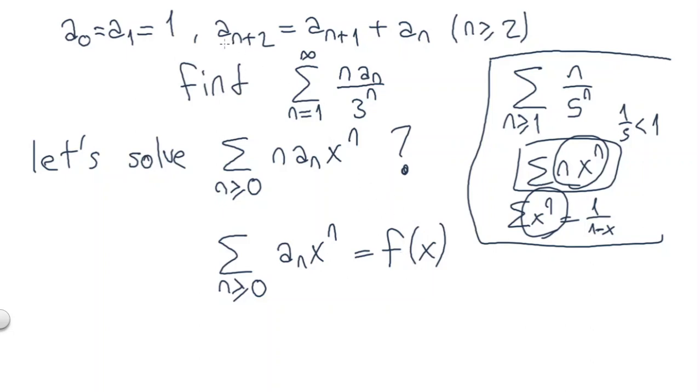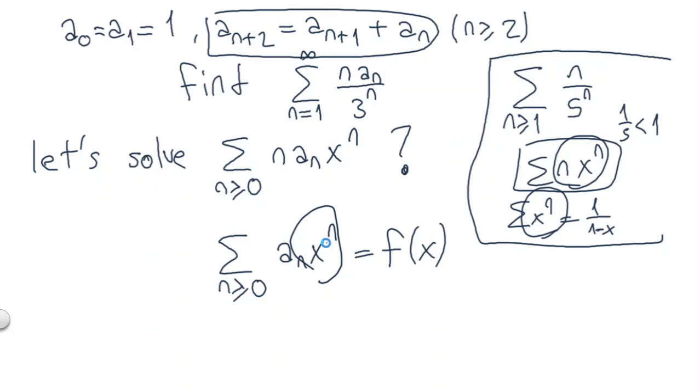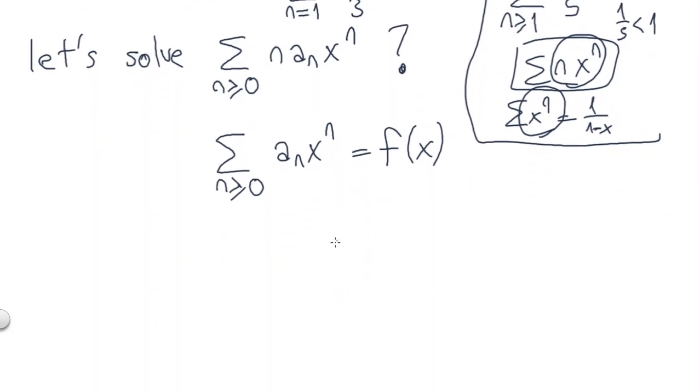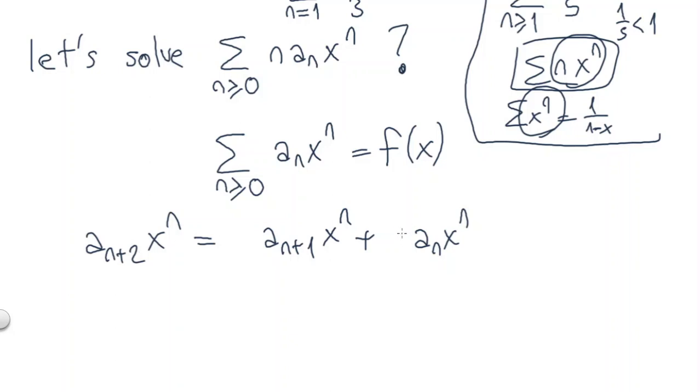So I have this recurrence, and I'm going to multiply all sides by x to the n, because I need an x to the n. So I have a_(n+2) x to the n equals a_(n+1) x to the n plus a_n x to the n. I'm leaving some gaps because I will do another thing on this step. I just multiply all sides by x to the n from our recurrence relation.